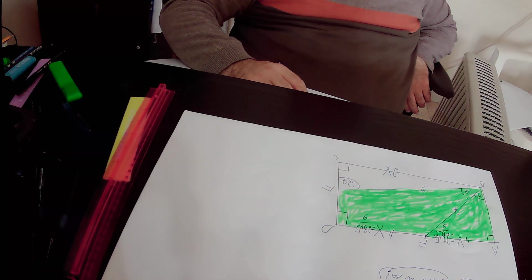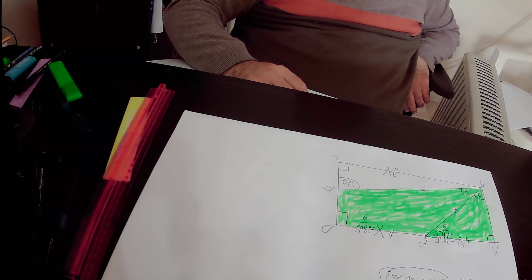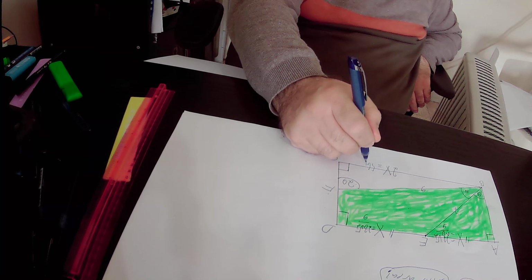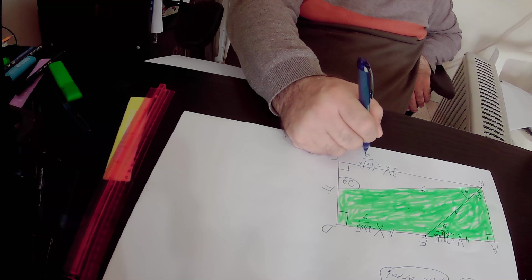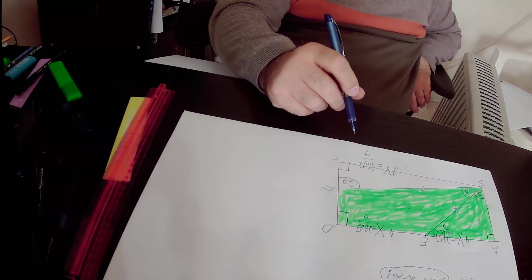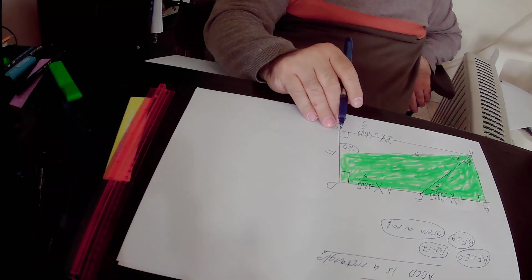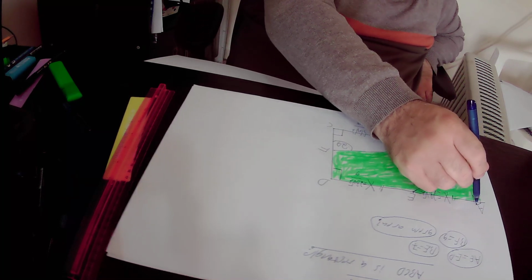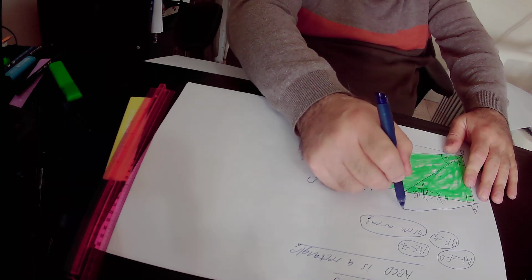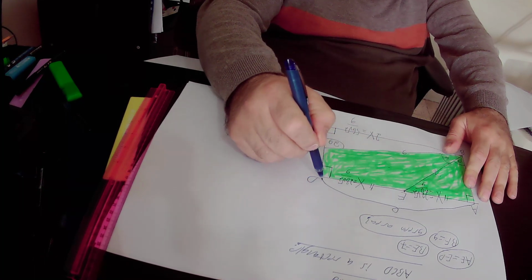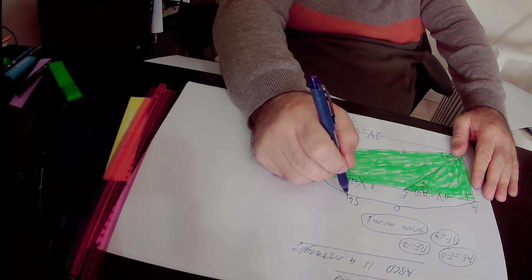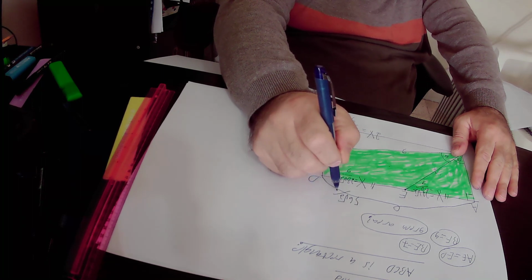And here, if x equals 28 times square root of 2 over 9, then 2x will be equal to 56 times square root of 2 over 9. And here also AD will be equal to 56 times square root of 2 over 9.